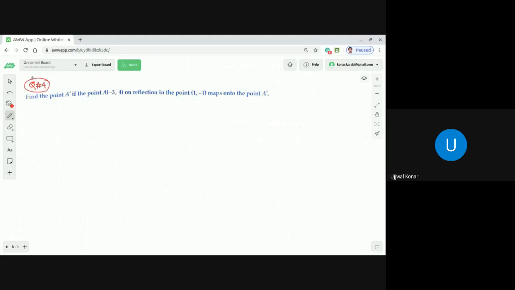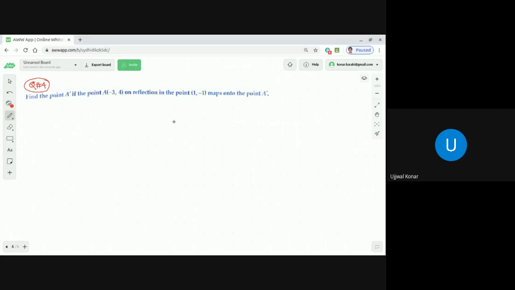Find the point A dash, which means find the coordinates of the point A dash, if the point A minus 3, 4 on reflection in the point 1, minus 1 maps onto the point A dash. That is as simple as that.